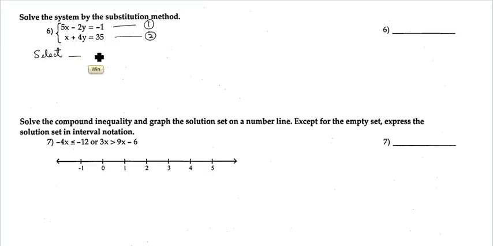And then tell what variable to solve for. So I should select which equation and solve for which variable. We have 4 choices, of course, but which one is the best?